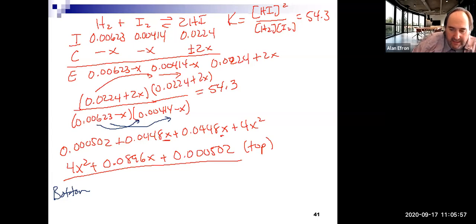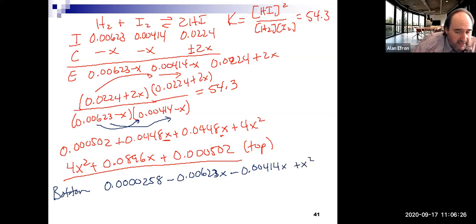That's going to give me 0.0000258. That's 4 zeros, right? Yep. And that is going to then be minus 0.00623x minus 0.00414x, and that will give me plus x squared.